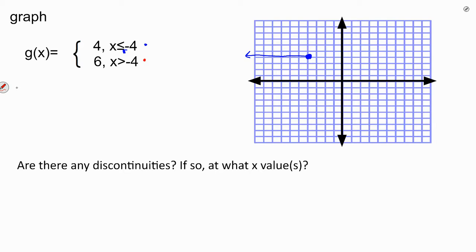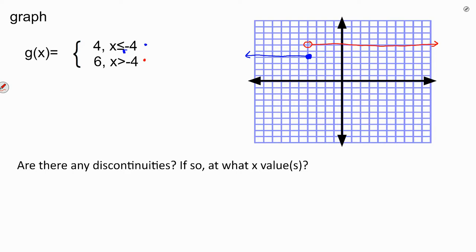So I'm going to have the point (-4, 6) with an open circle because -4 is not part of the domain. However, we want to get really, really close to this x value. So next, we're going to go to the right. We're going to show all of these x values give us a y value of 6.